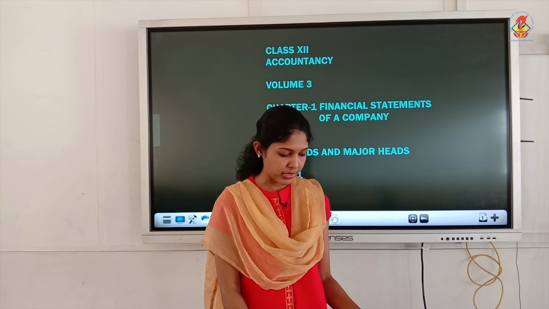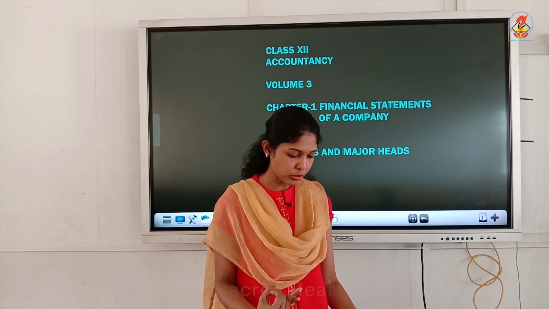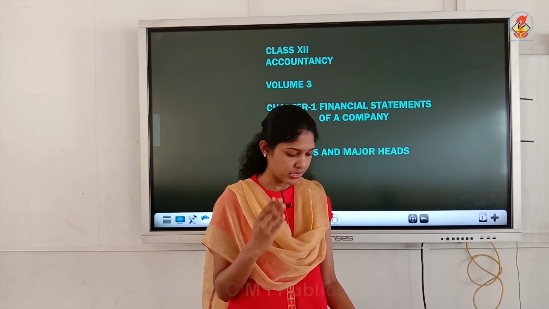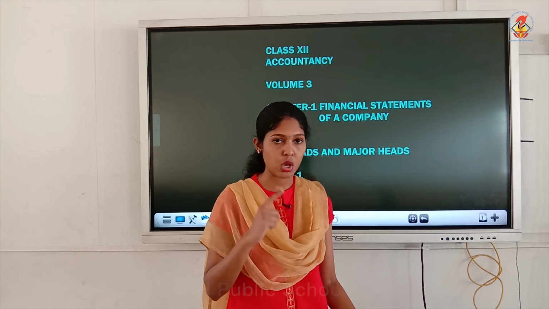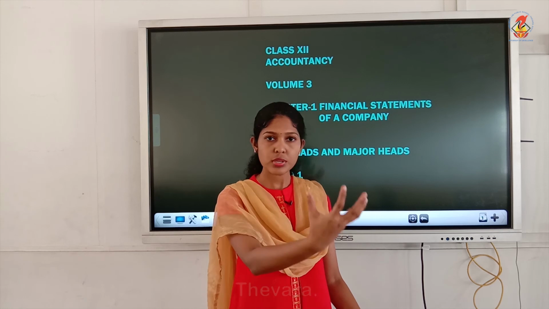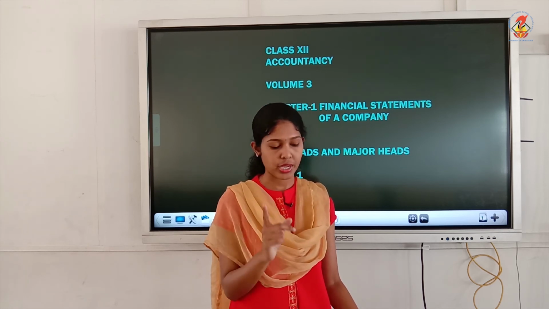You have capital advances, security deposits, other loans and advances, only 3 items under long-term loans and advances. That means what we are giving to other firms. So it's receivable, it is an asset for us, it is coming under non-current assets.